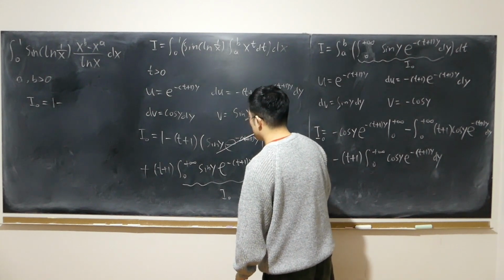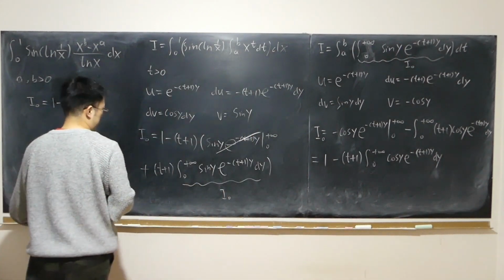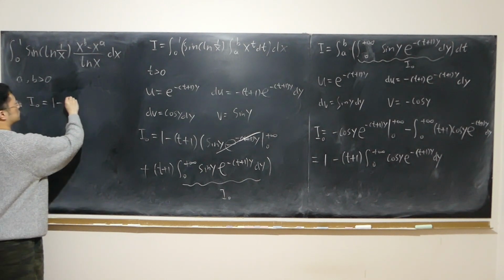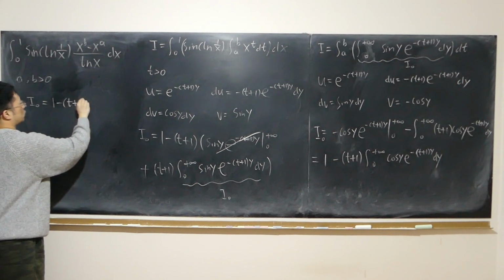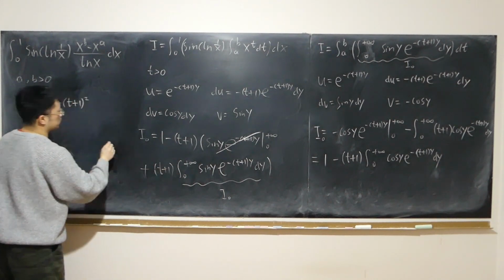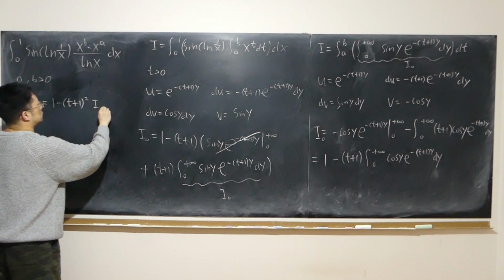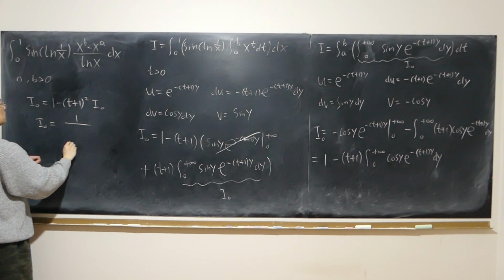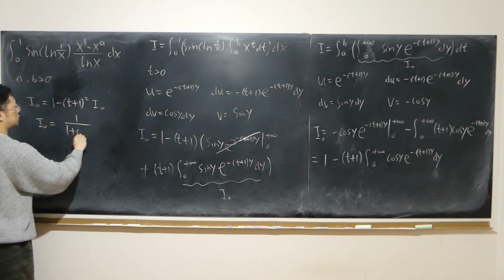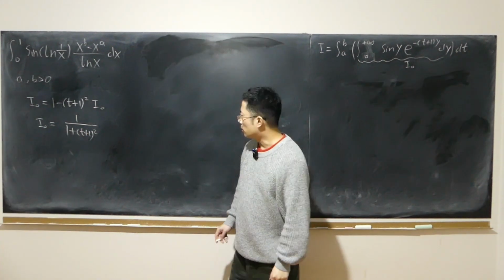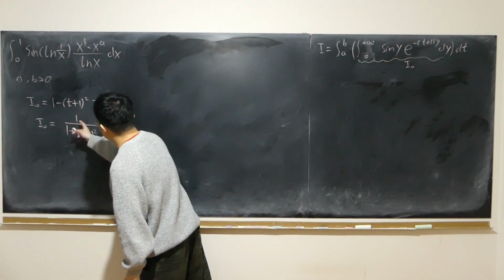So all I have is 1 minus t plus 1 quantity squared times I naught. So I naught is equal to 1 over 1 plus t plus 1 quantity squared. So I naught turns out to be this.